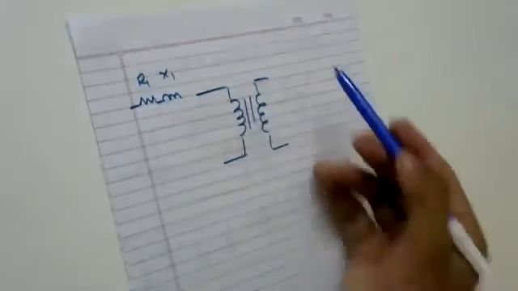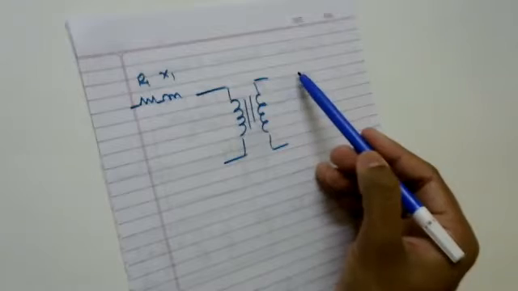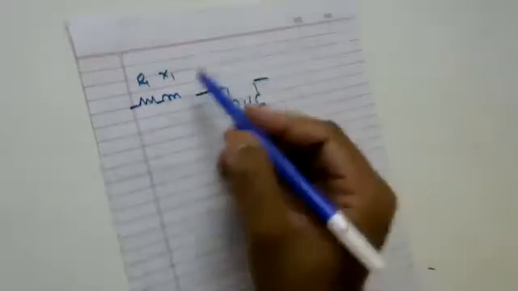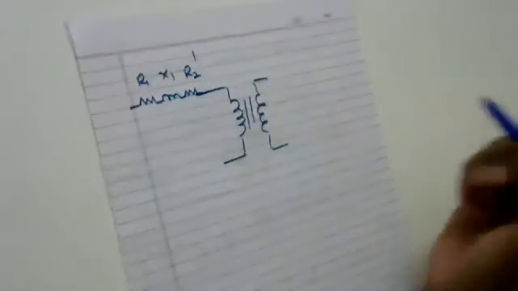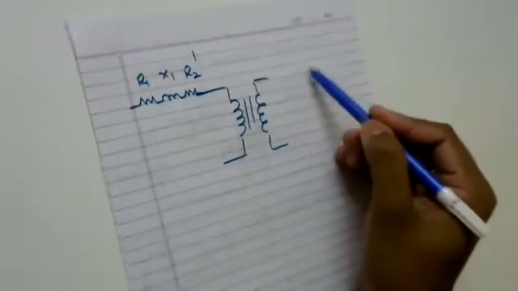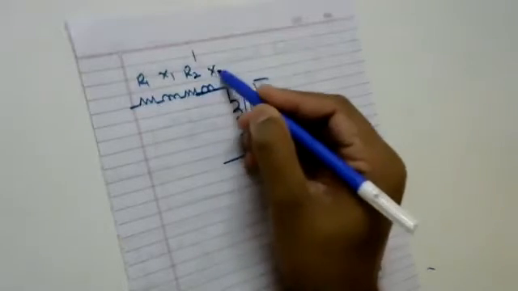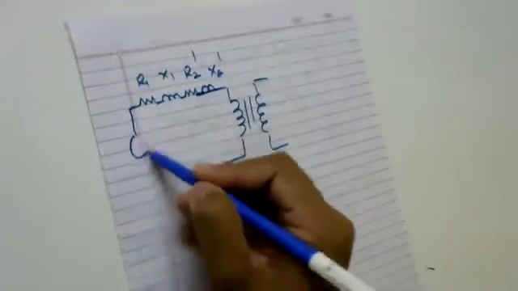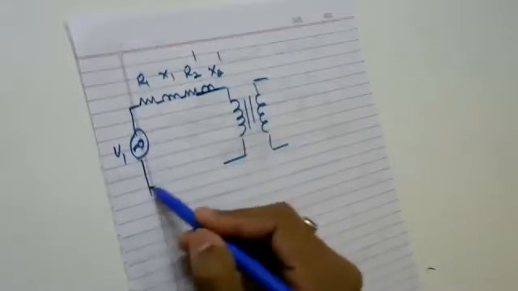Now, since I am transferring the secondary resistance R2 to the primary, your circuit becomes like this, R2 dash. Similarly, you are also transferring X2 from secondary to primary, so you call this X2 dash. This will have a supply voltage V1.